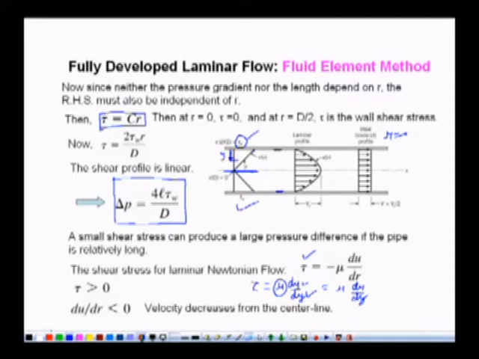So, y is equal to capital R minus small r. So, dy is equal to what? Dy is equal to minus dr. So, if we substitute dy is equal to minus dr in this equation, our equation reduces to tau is equal to minus mu du over dr, right.